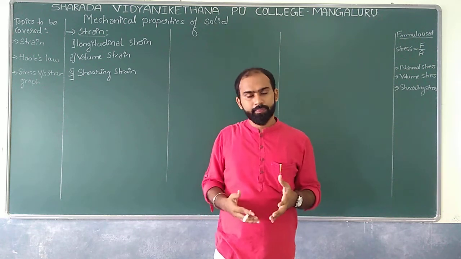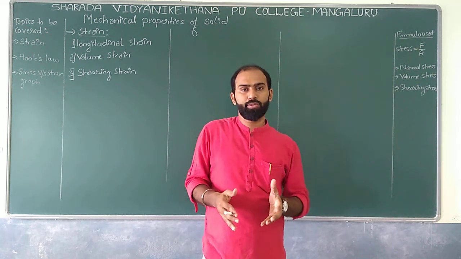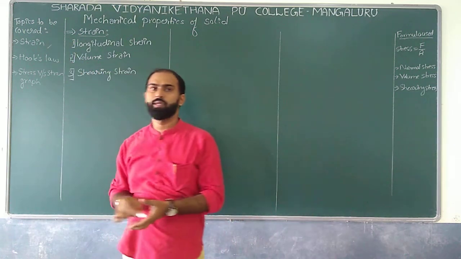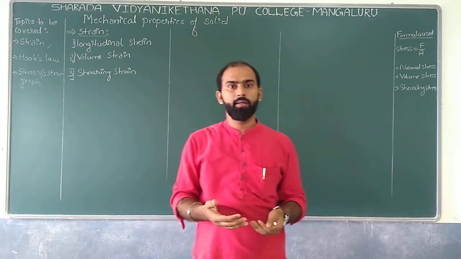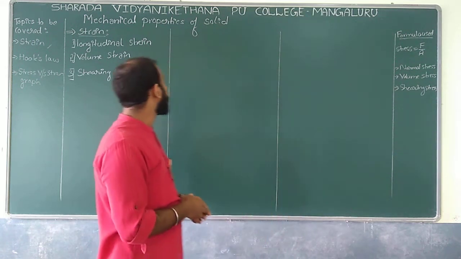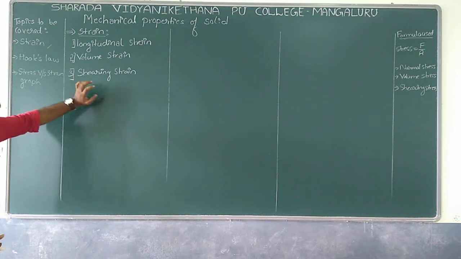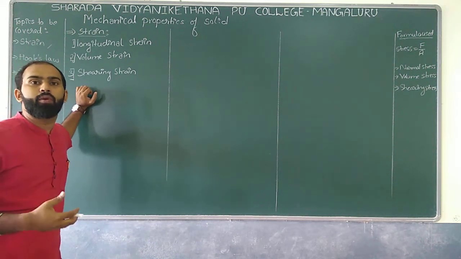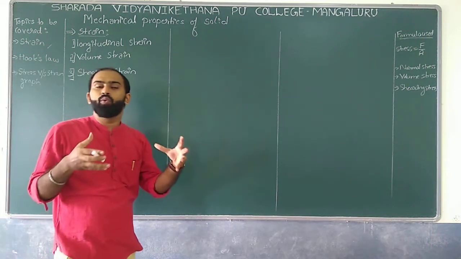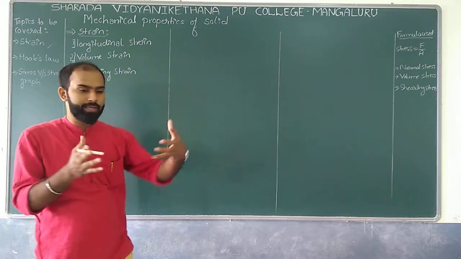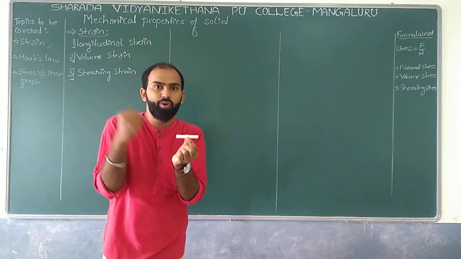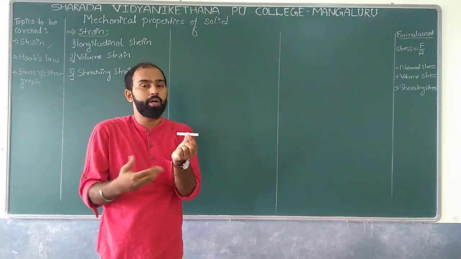Now our job is to learn about the kind of strain which you can see over here. So what do you mean by strain? Basically we have three types of strain. If I take one object and apply a deforming force to it, what do you mean by deforming force?